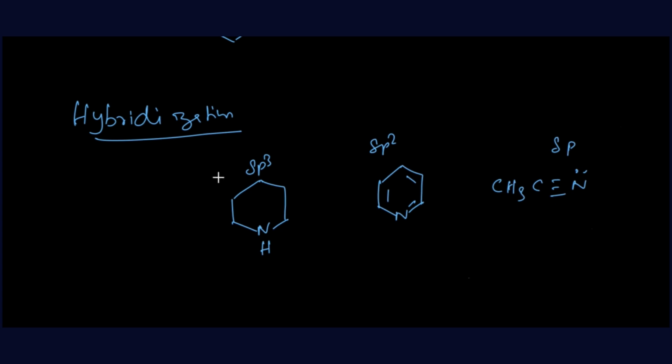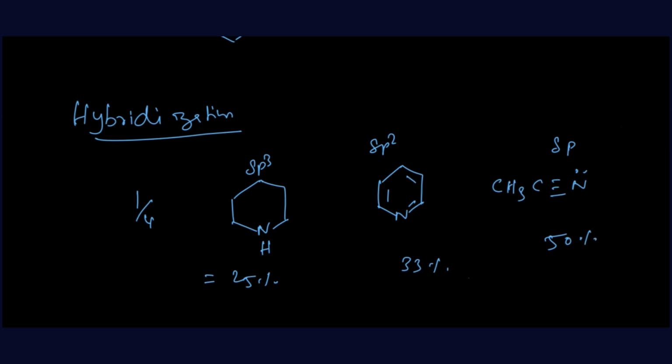Okay, so you know how to calculate the s character of sp3. Here s is 1 orbital, there are 3 p orbitals, that means total 4, that means 1 by 4. If you want to calculate the s character of sp3, this is 25%. Okay, and this is 1 by 3, that is 33%, and this is 50%.